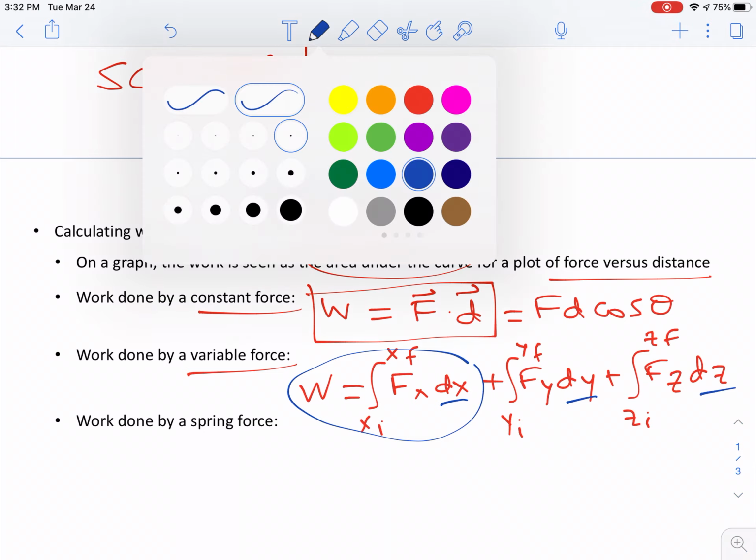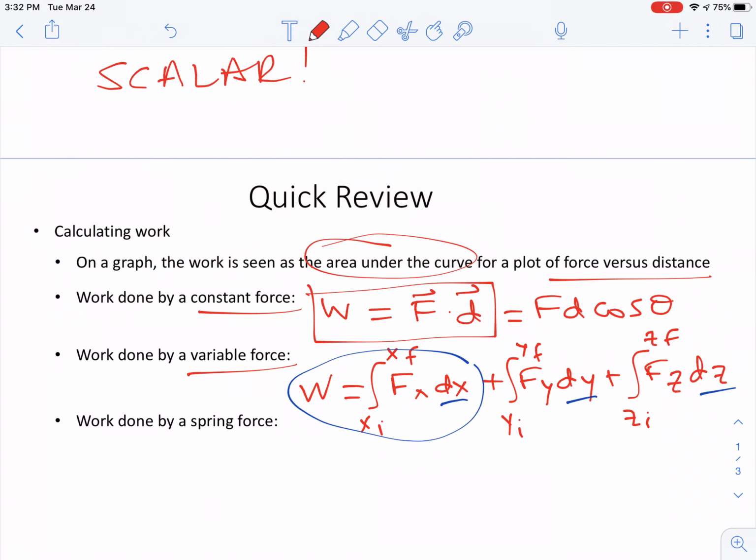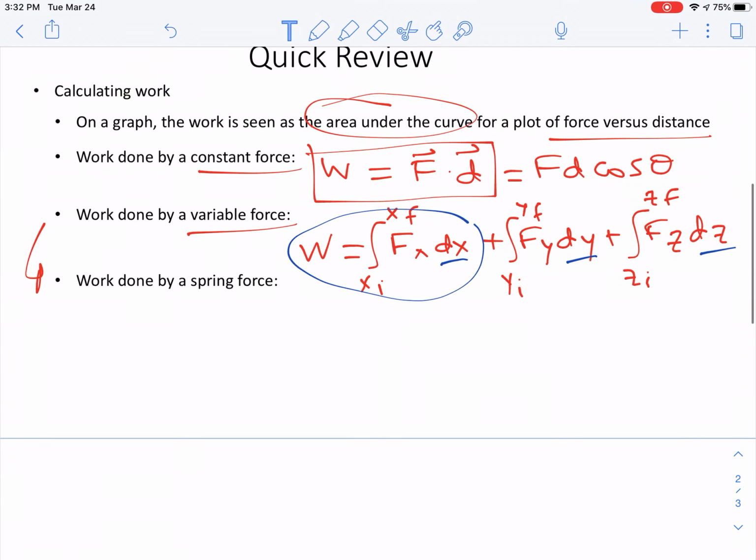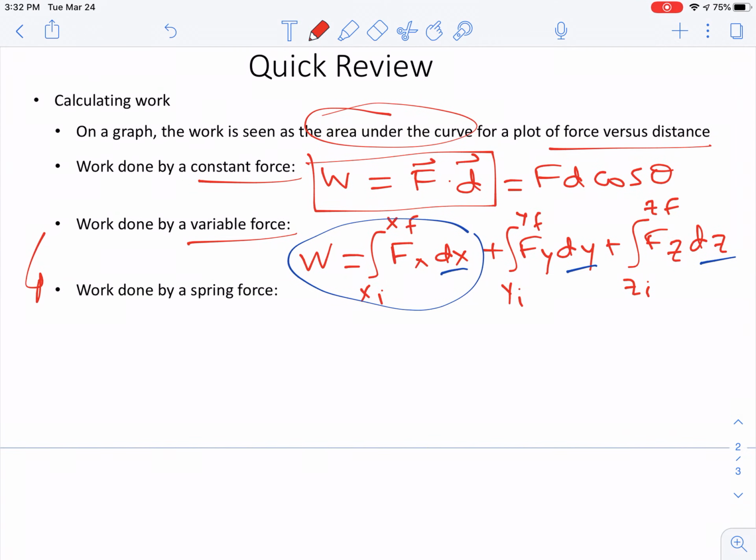Next is a specific case. This is really a specific case of that variable force, an example of that. Spring force is a variable force because in magnitude, F is k times x, where k is the spring constant.